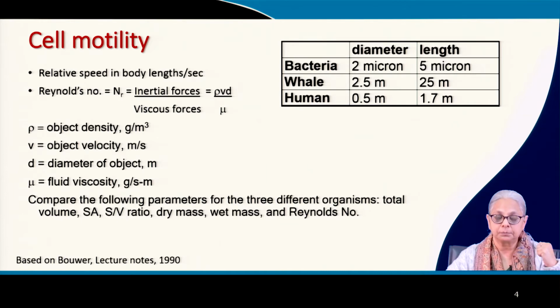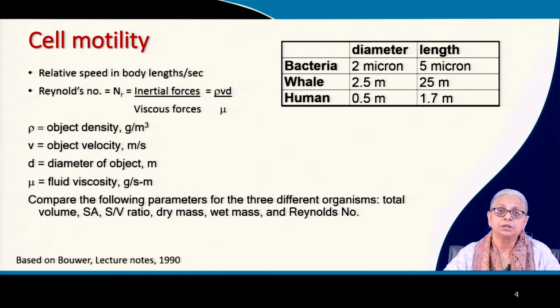The next parameter that we're calculating is based on Reynolds number. So those of you who are from civil engineering or any of the other engineering branches, you may be knowing about Reynolds number. So Reynolds number is abbreviated as Re or NR, depending on what source you're looking at.